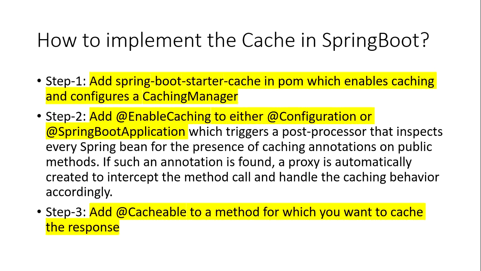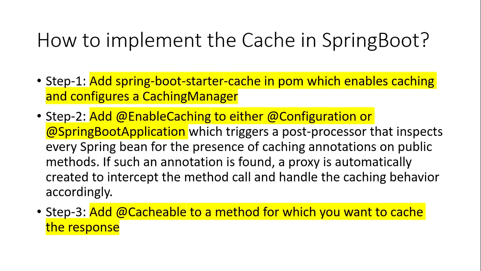What happens is it enables the caching and configures a respective cache manager. Cache and CacheManager are interfaces in Spring Boot. As soon as you add this Spring Boot starter cache, it will do auto configuration for the respective cache manager.